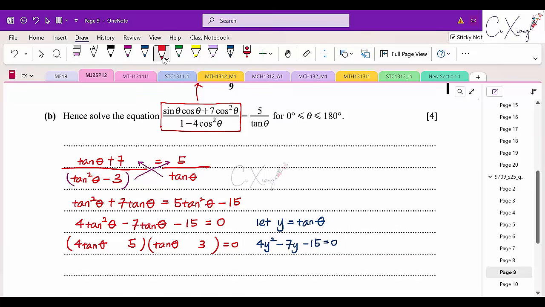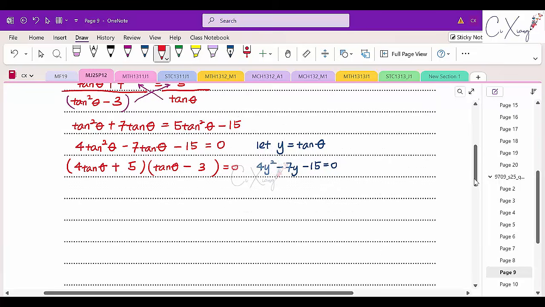I want to have negative 7, right? So it should be negative 12 plus 5. Alright, then continue further and solve the quadratic equation. I will be having tangent theta equals to negative 5 over 4. Another value is tangent theta equals to 3.